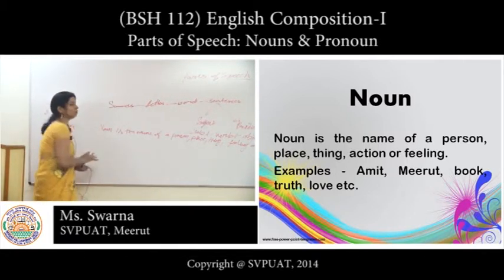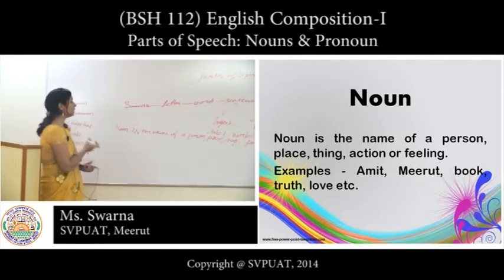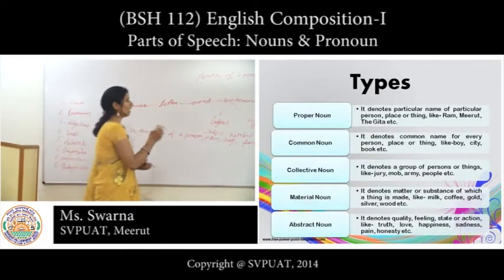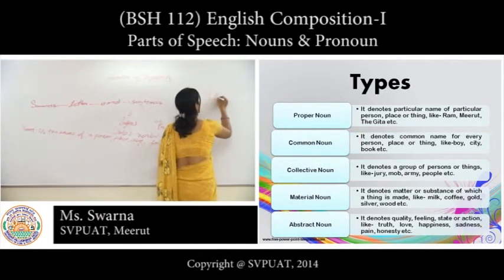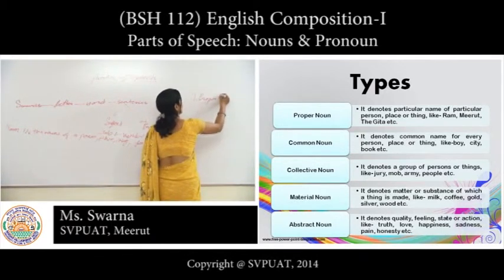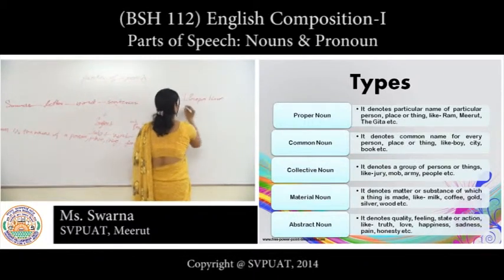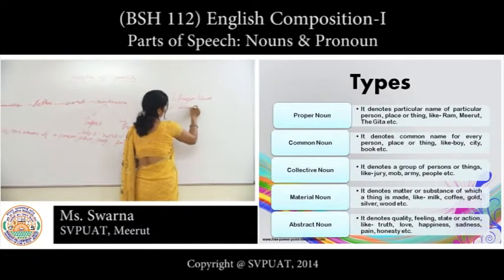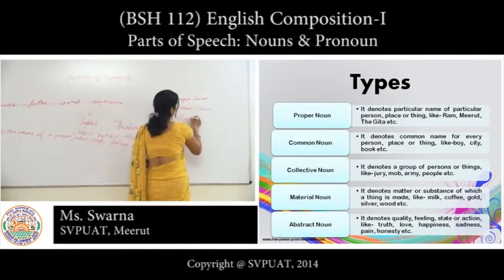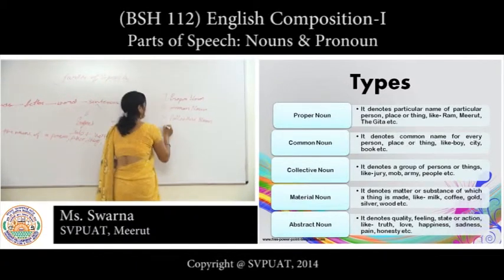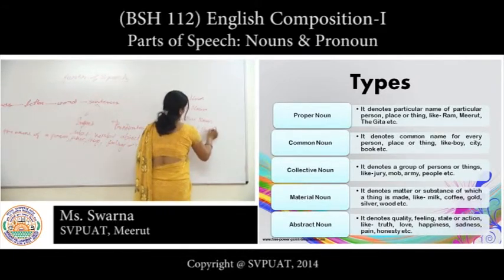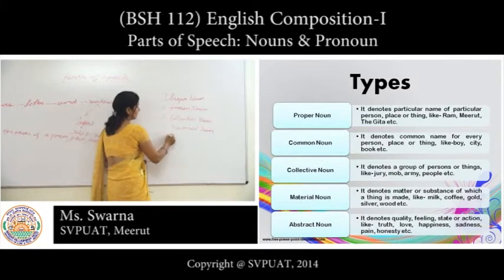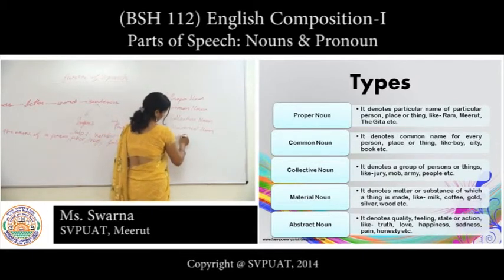And this part of speech is divided into 5 parts. There are 5 types of noun. First one is proper noun. Second one is common noun. Third one is collective noun. And fourth one is material noun. And fifth one is abstract noun.